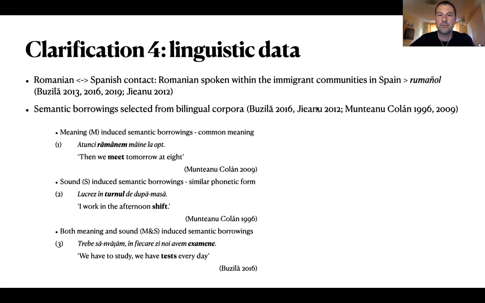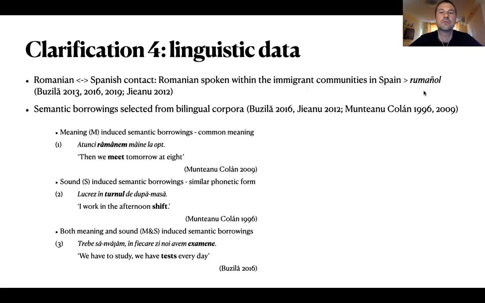There are about 1 million Romanians living in Spain now, and they are speaking their native language with an important Spanish influence, to the degree that a new name was coined, Romagnol, to refer to that mixed variety that is being spoken within these communities.